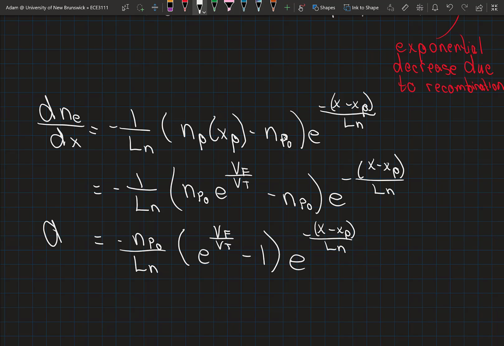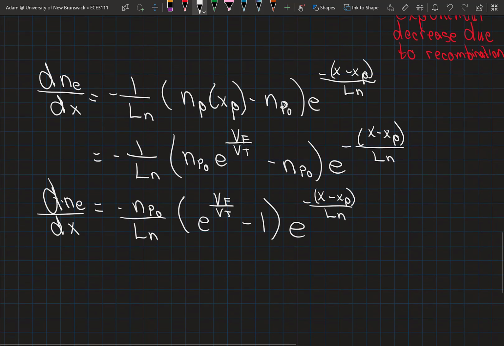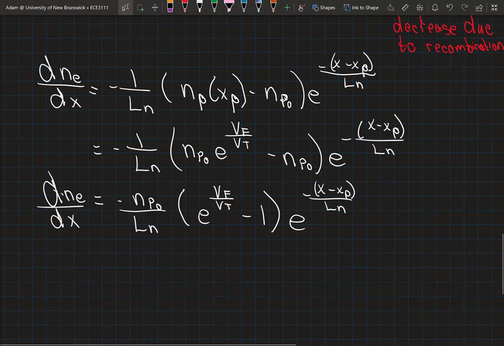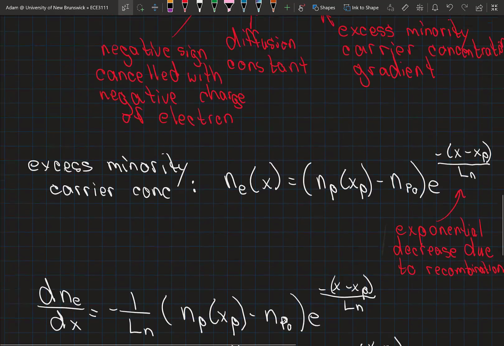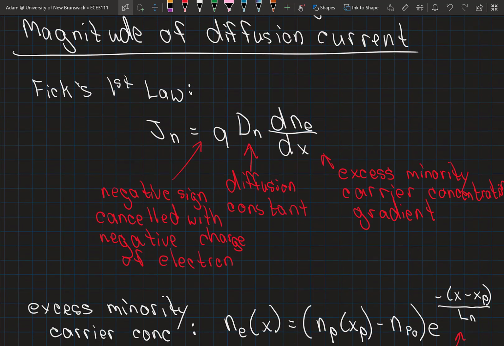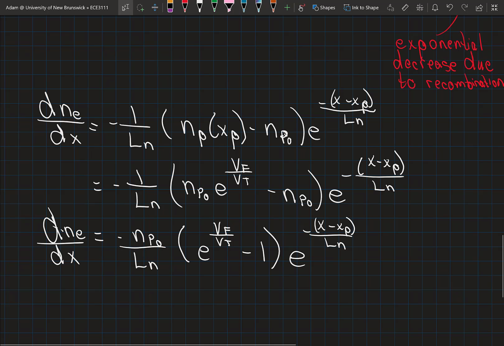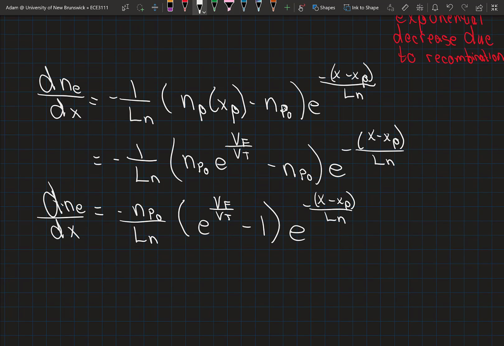Okay, so this is my concentration gradient of minority carriers, in this case electrons, in my p-type material. If I take this expression and substitute it back into this expression, I get a current density.